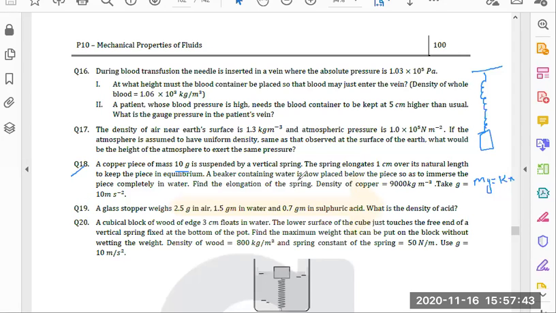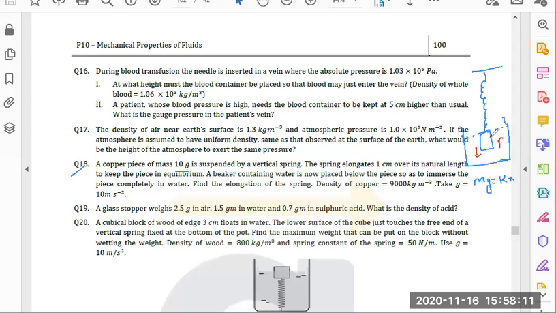Now, a beaker containing water is placed below the piece so as to immerse the piece completely in water. Now, this is kept in the container, right? And this is completely immersed in water. Find the elongation of the spring. Now, in this case, we will have a buoyancy force in upward direction, mg in downward direction, right?